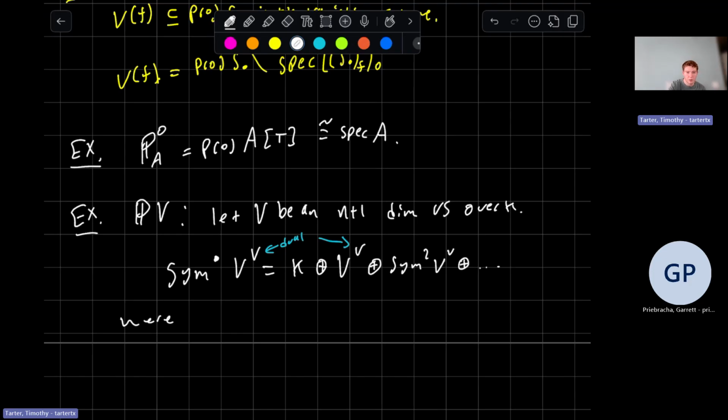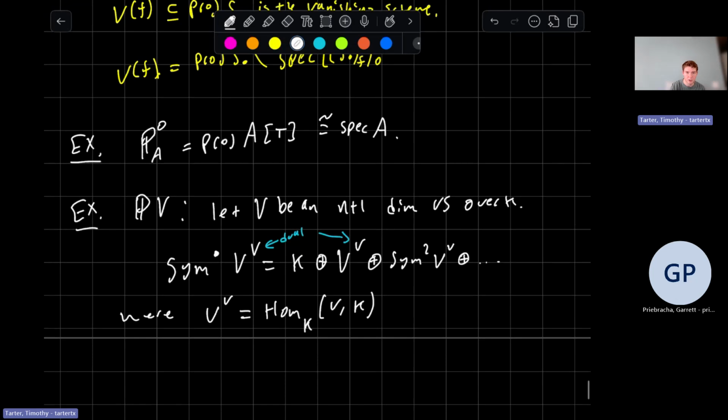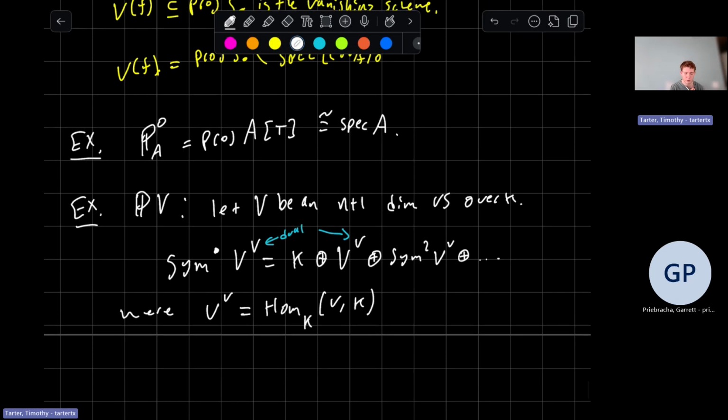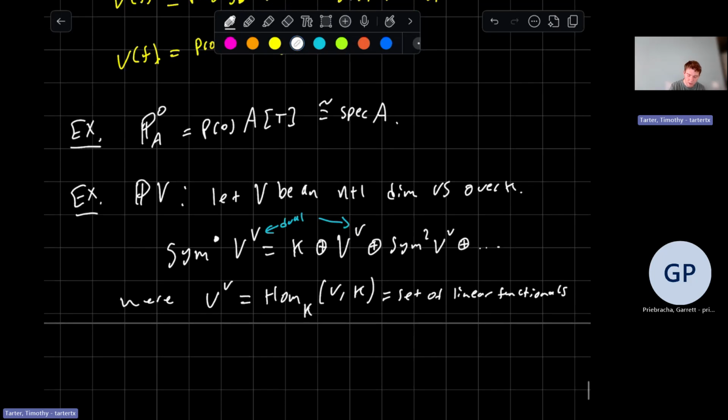So where V dual is hom over the structure sheaf, or I guess, no, in this case it is hom over K of V into K. So they're linear functionals.